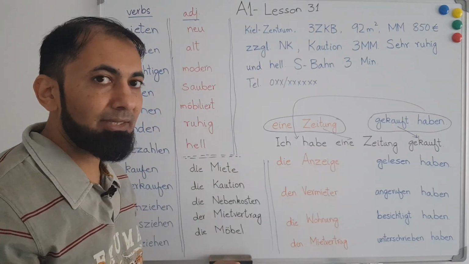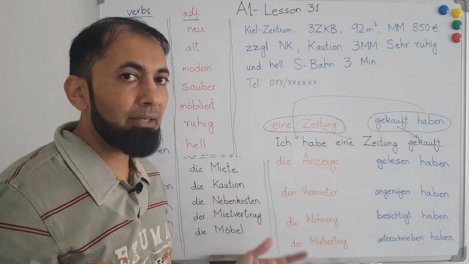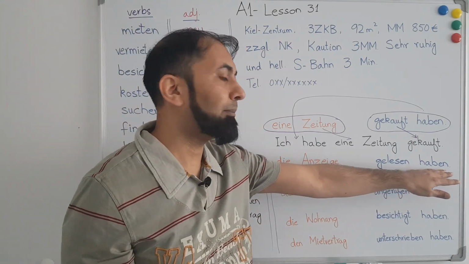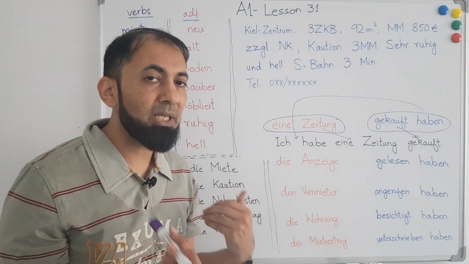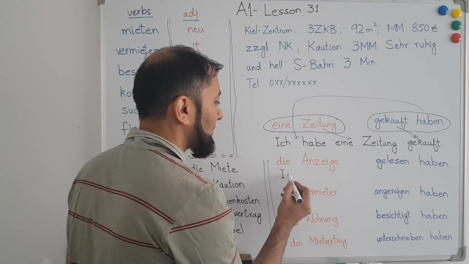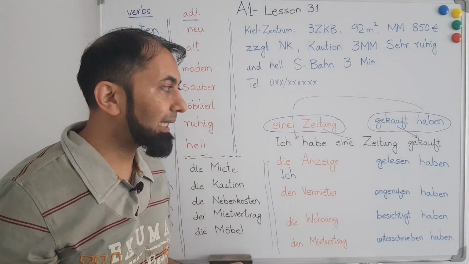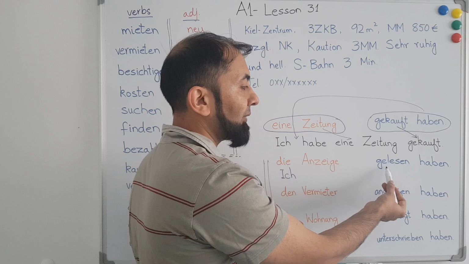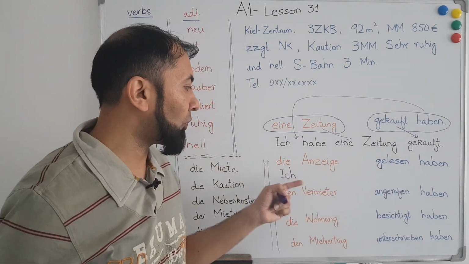Now next, let's try together. Die Anzeige. Anzeige means the advertisement or ad, similar like this. Gelesen haben. Now again you have to take ich as a personal pronoun or the subject of the sentence. So I put ich because the subject comes at the first position in the sentence. Since it's a perfect tense, therefore we will use haben at the second position for the verb lesen, and haben will be conjugated according to the subject.